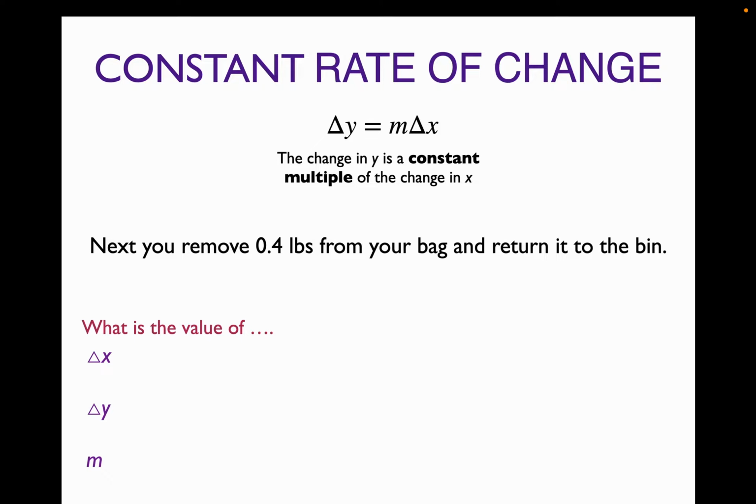In this case, unlike the gas price one, if I want to know my total price, I multiply the number of gallons by 2. If I want to know changes in price, I multiply the changes in the number of gallons by 2. Because there's no other underlying fee, I guess, unless you're using a credit card and they charge you for that, or something, some sort of fixed price plus whatever per gallon.